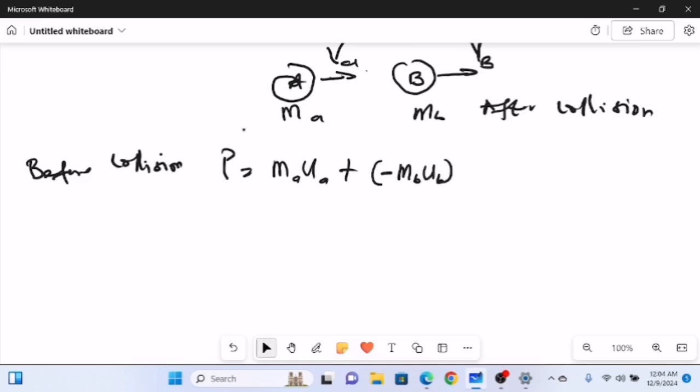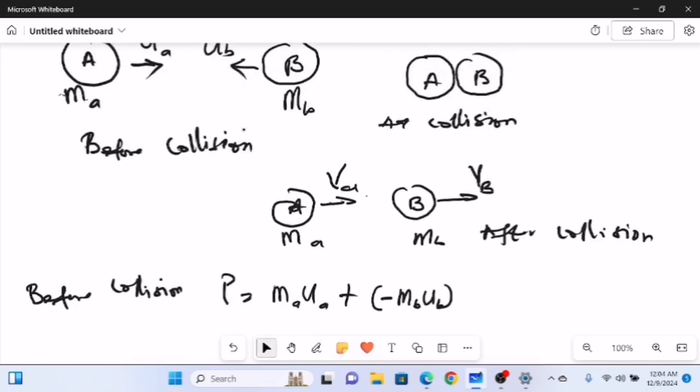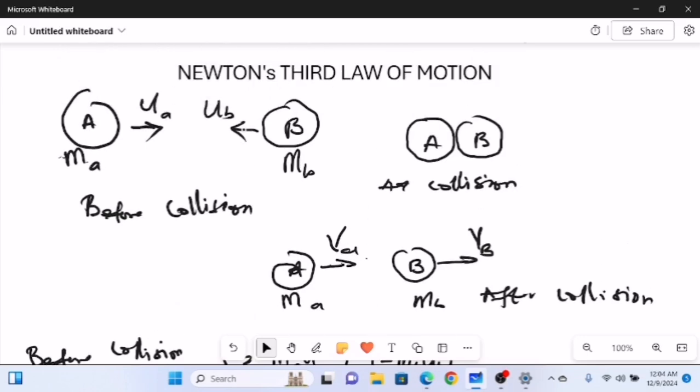The reason why we're using a negative sign is because the two balls are moving opposite one another. Remember Newton's third law, action and reaction are equal, but they are opposite in direction. So since these two balls are opposite one another, they are moving with opposite signs.